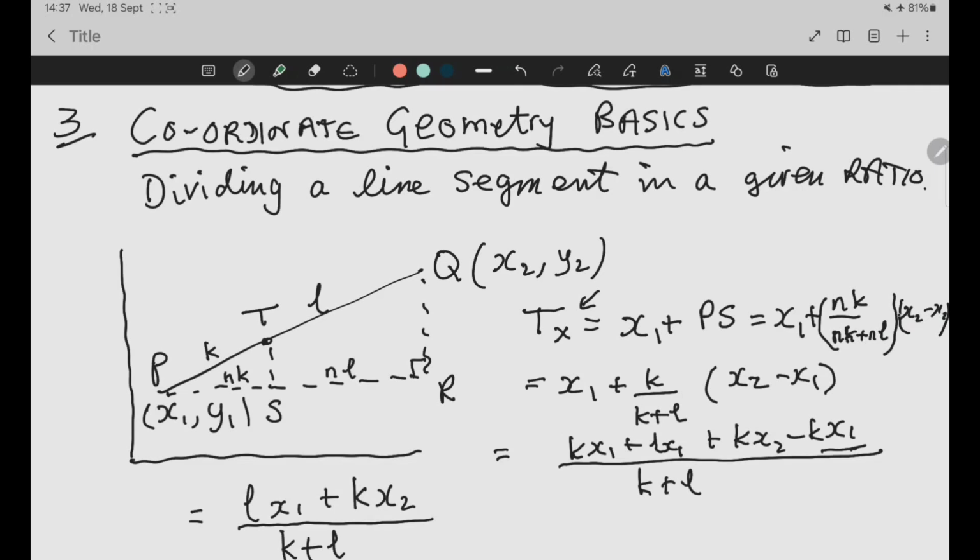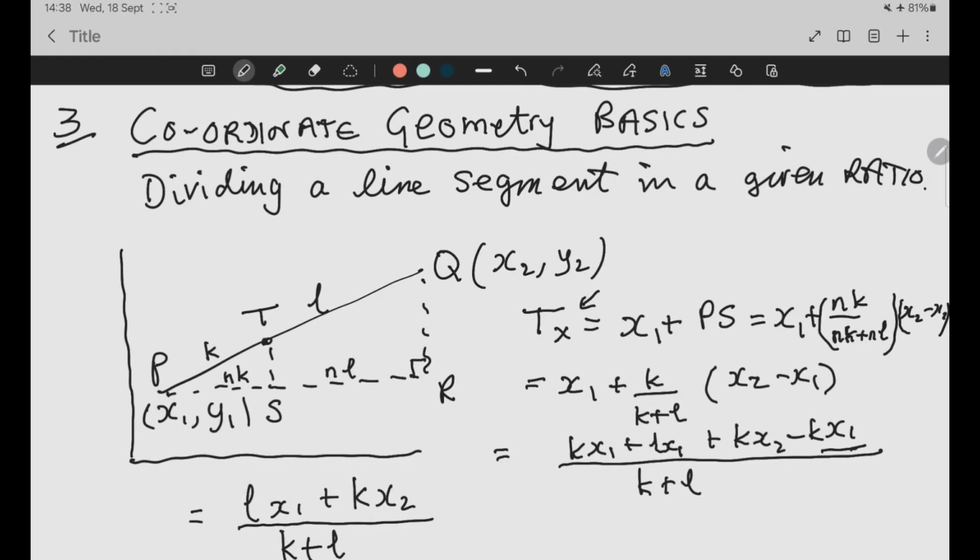The reason I've written nk and nl instead of k and l is because obviously those two are not the same, but the ratios are the same. And the lines TS and QR are parallel, so we've just used a basic theorem from geometry saying that transversals crossing two parallel lines will be divided in the same ratio.